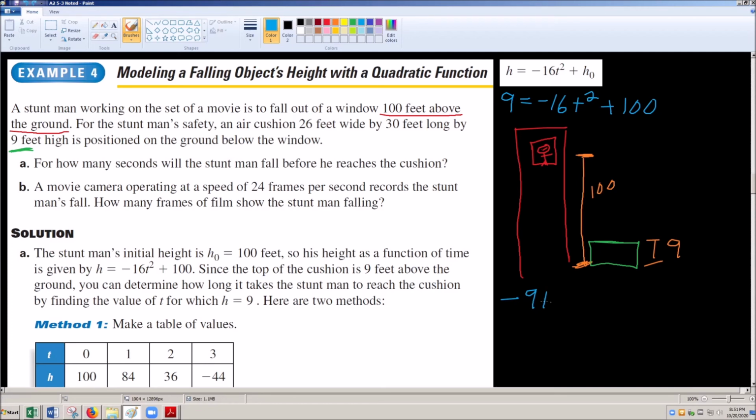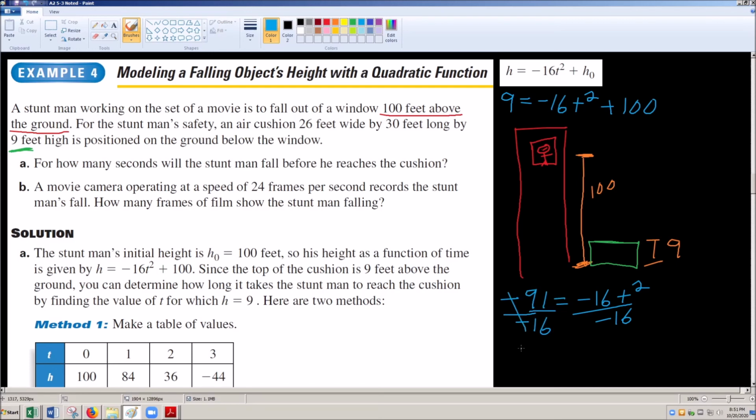There we go. So I get negative 91 equals negative 16t squared. I'm going to divide both sides by negative 16 here. This does not look like something I can simplify, and you'd be correct in thinking that.